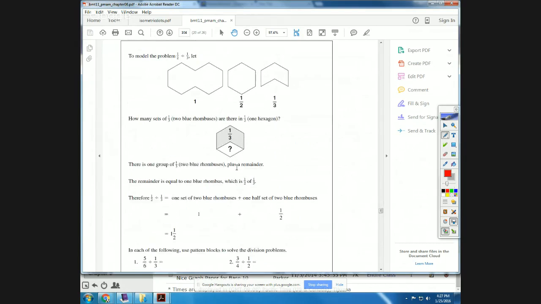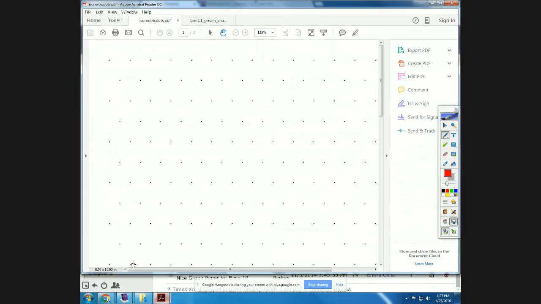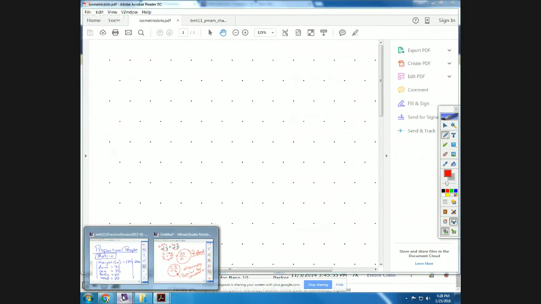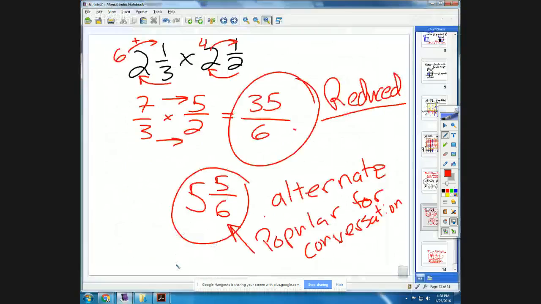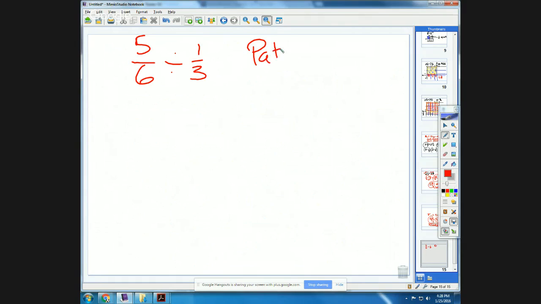So on the second page, we're using just pattern blocks. Okay, so we'll do 5/6 divided by 1/3 and see what happens. Five over 6 divided by 1/3. And we're using pattern blocks to model this.